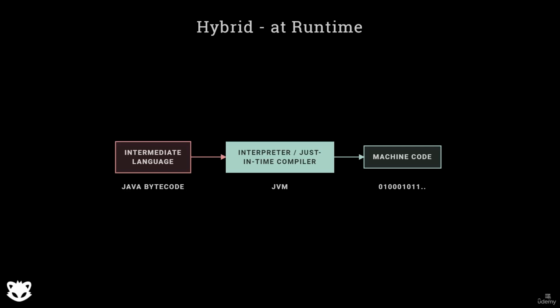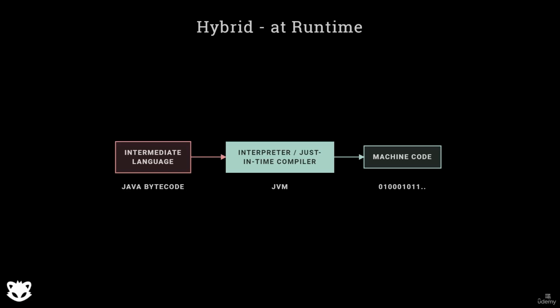That means every system that wants to execute this Java bytecode needs to have a Java VM installed. But this has the added advantage that it does not matter what kind of platform or operating system you have. Every machine that has a JVM can execute this code. So it's a platform-independent way of shipping your binaries.